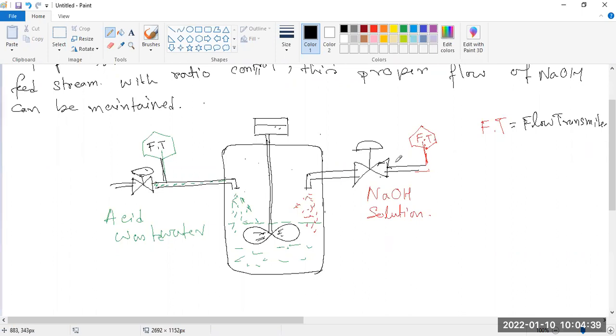It will never control the flow. Look, this is not on this valve. Okay. Yes. So we have to make something so that it can control, because this acidic waste is not controlled by us.